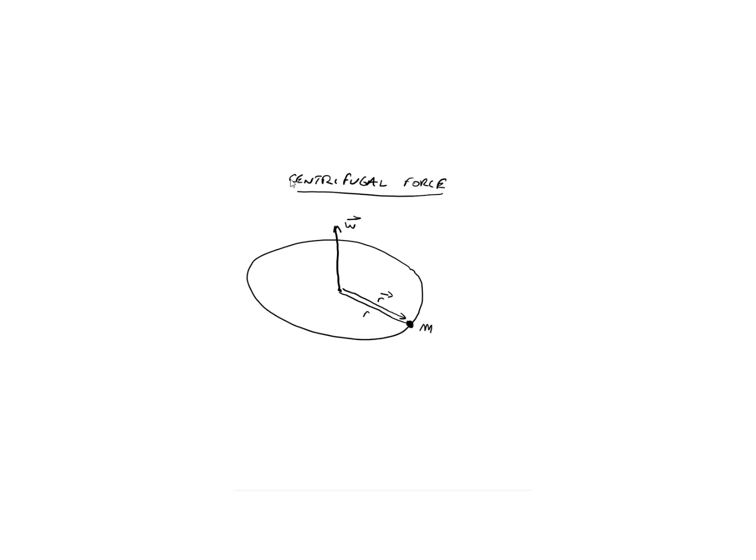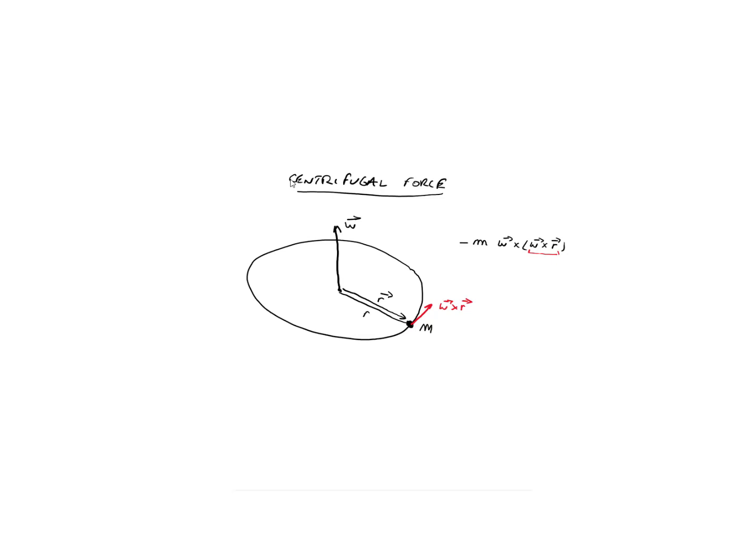And the position vector is r. So remember that the centrifugal force is minus m, then the rotation vector cross product with the same rotation vector cross product with the position vector. If we take this one and make this cross product, you will see that this thing here is pointing in this direction. So this is omega cross product with r.